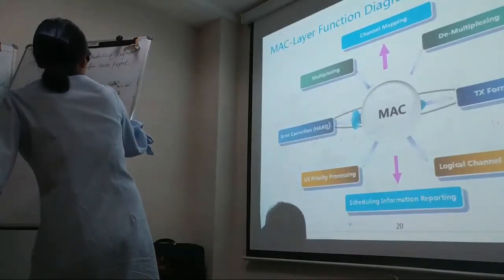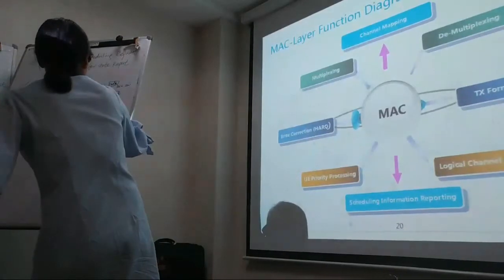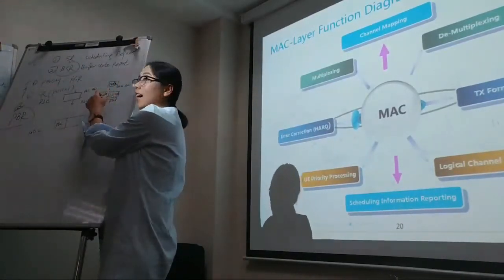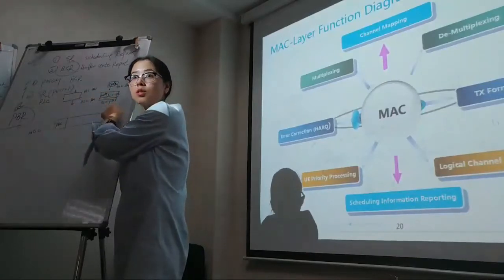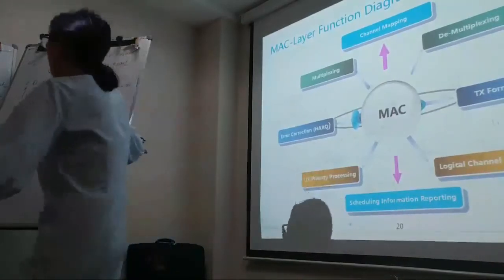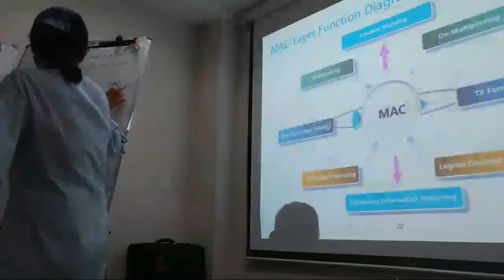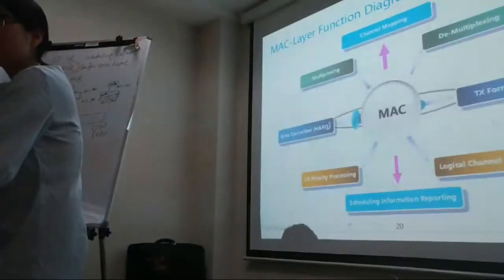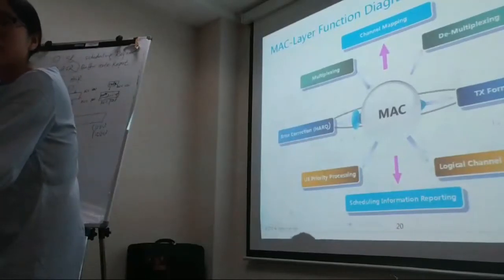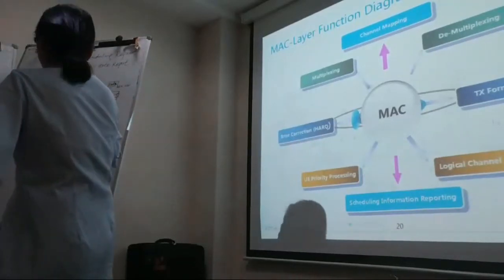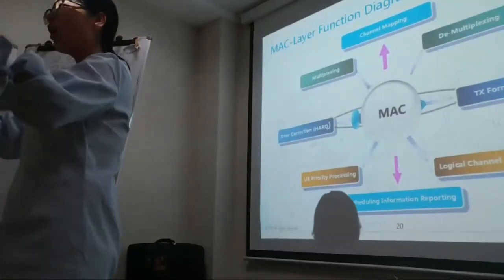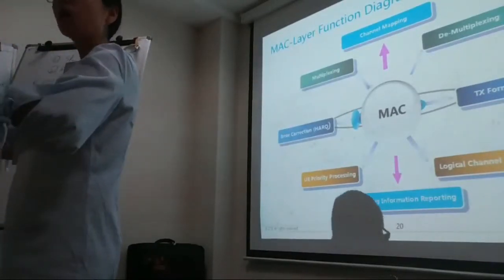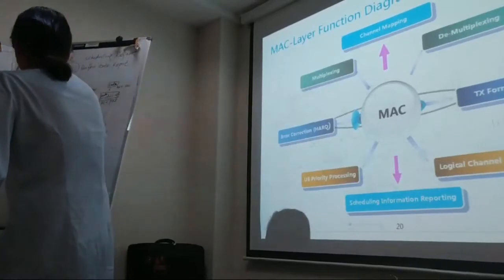This part we name the RLC PDU. That means one RLC SDU plus the header is a PDU, right? For one RLC PDU, maybe it contains many SDUs. We know RLC has segmentation and concatenation, right? So this is the RLC PDU. That means one RLC message packet I transmit to the lower layer, the MAC.